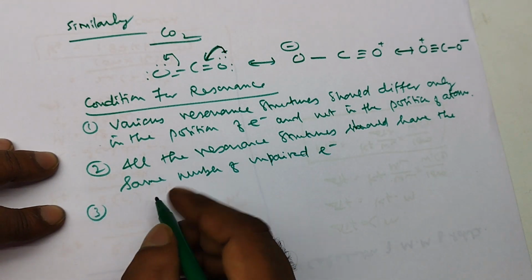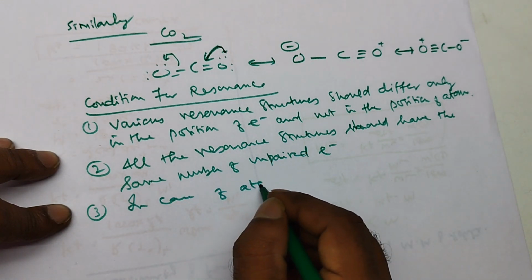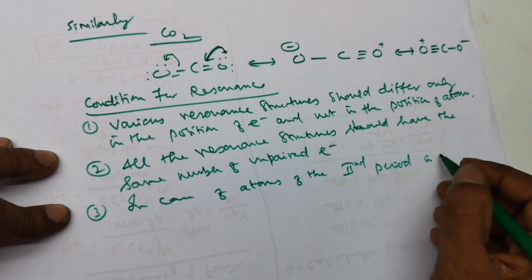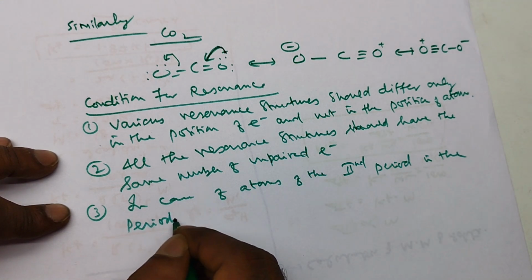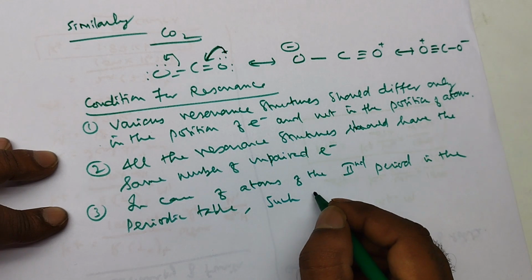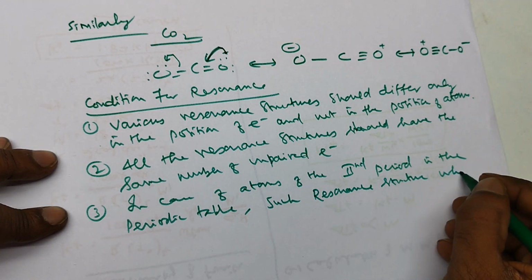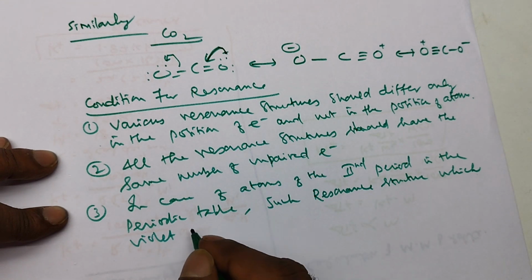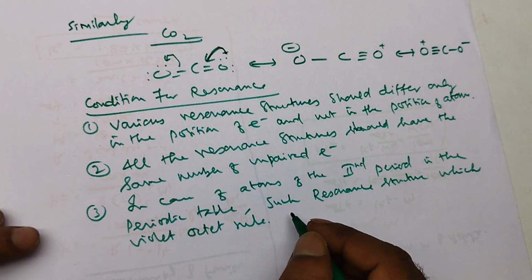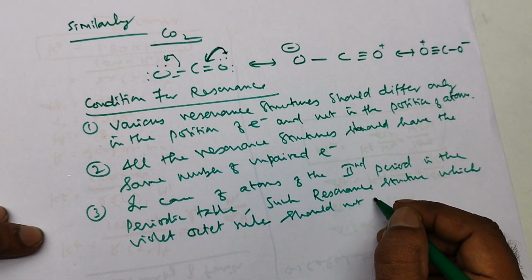And the third condition: in the case of atoms of the second period in the periodic table, such resonance structures which violate the octet rule should not be considered. I will give an example for this case.